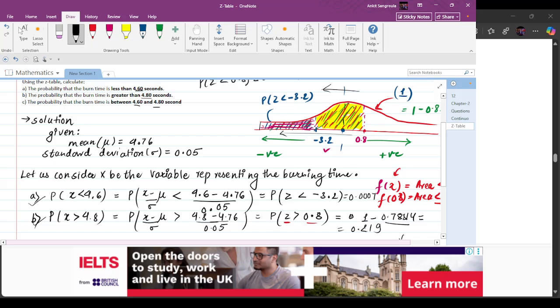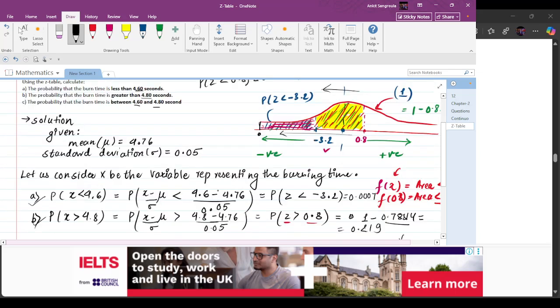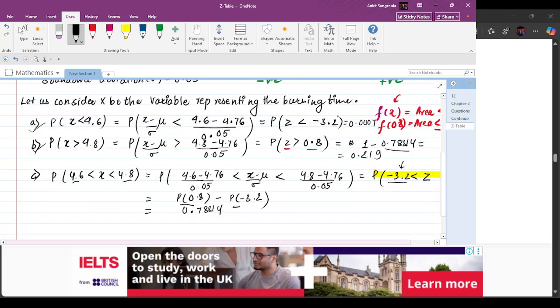So all the less than area from 0.8 up to this point will be included, and that will be 0.78814, and -3.2 will be all the graph from -3.2 to this infinite point. When we subtract the smaller area from the larger area, we get this yellow shaded portion. So now we subtract 0.0007, and we get 0.7874 as our final answer.